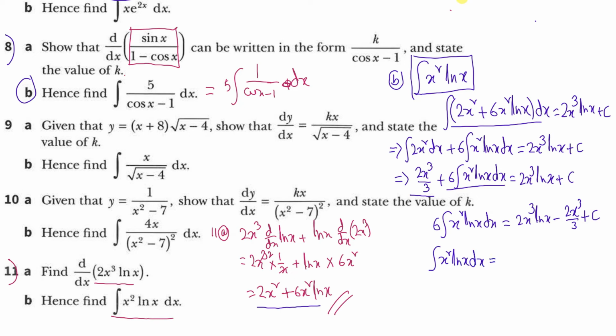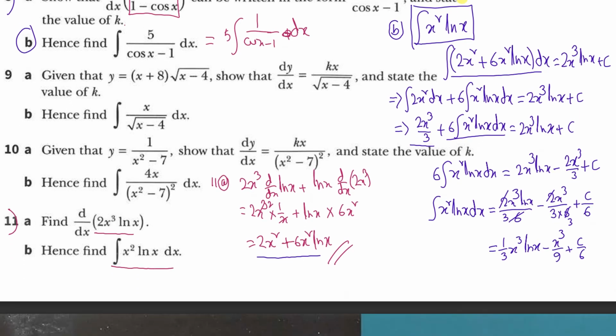You can write it 2x cube ln x by 6, then next one is 2x cube divided by 3 into 6, and this constant is c by 6. So we can cut out 3 here, so it would be 1 by 3 x cube ln x, and we can cut out, so minus x cube by 9 plus c by 6.